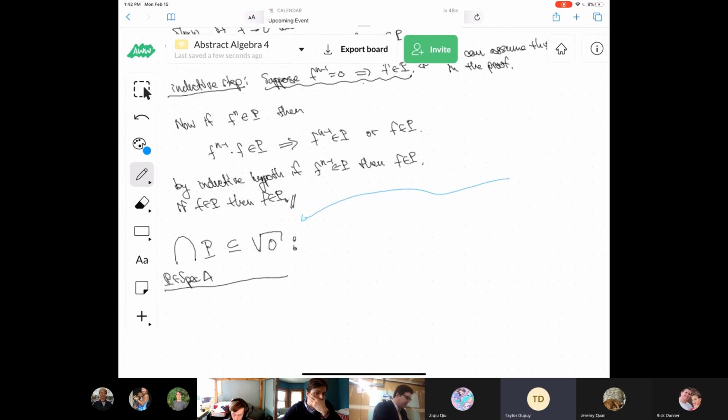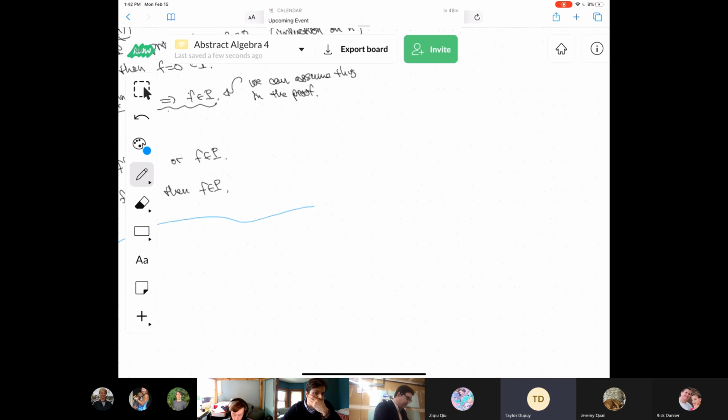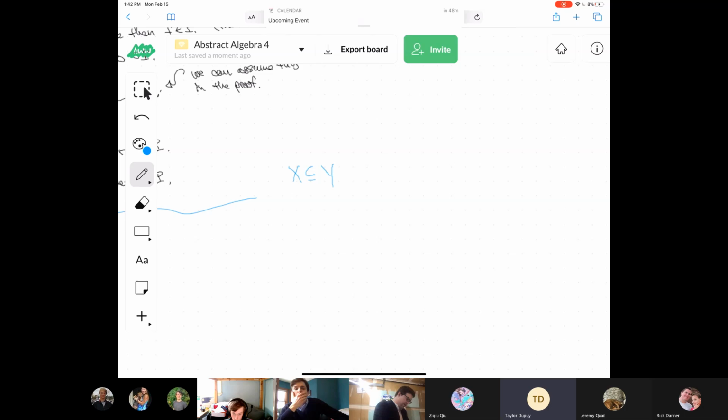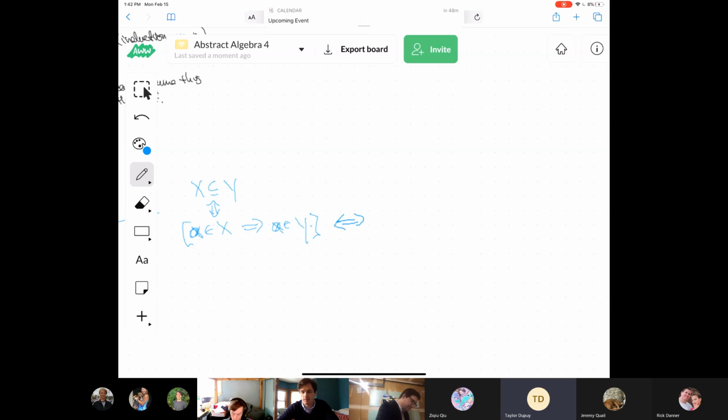We're going to do the contrapositive. Let's just suppose that x is a subset of y. You need to show that a is an element of x implies that a is an element of y. This statement is the same thing as a not an element of y implies a not an element of x.